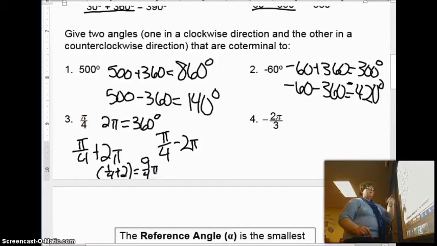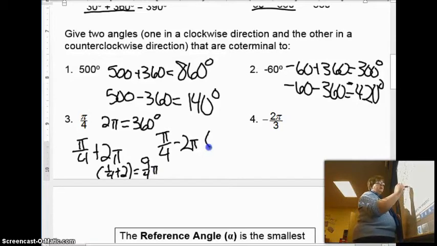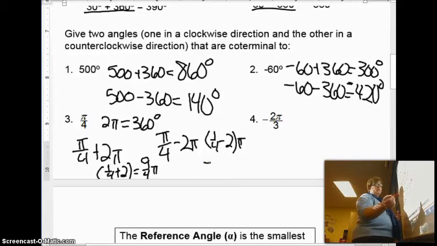Then pi over 4 minus 2 pi. In my calculator, I would put 1/4 minus 2, which is going to be negative 1 3/4, or in improper fractions, negative 7/4.